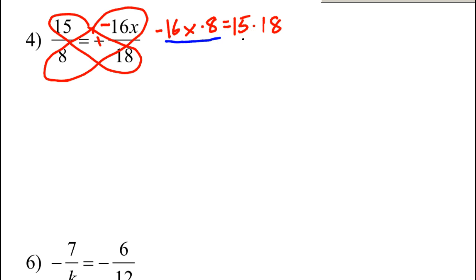So like here, what number would go into something on both the left and the right? There's just one number that would go into both sides. There's 2, right? 2 would go into 8, and 2 would go into 18. So divide both sides by 2, right?